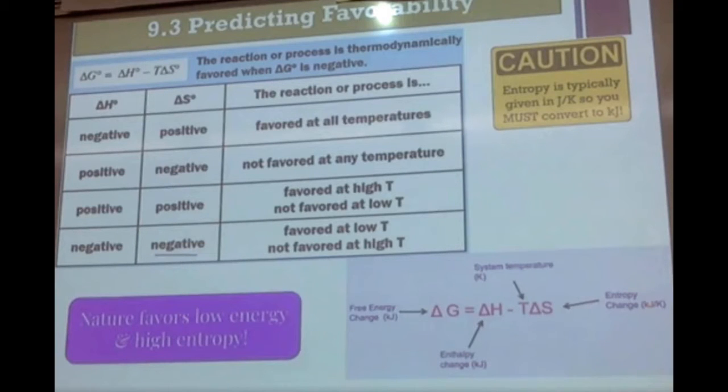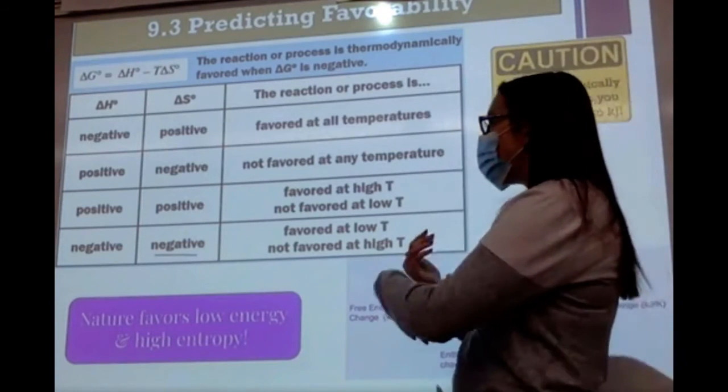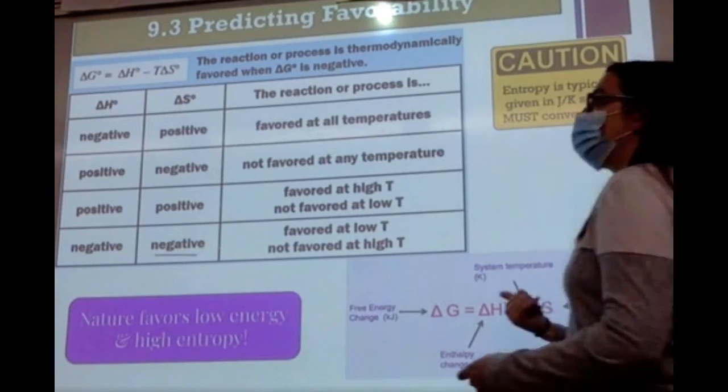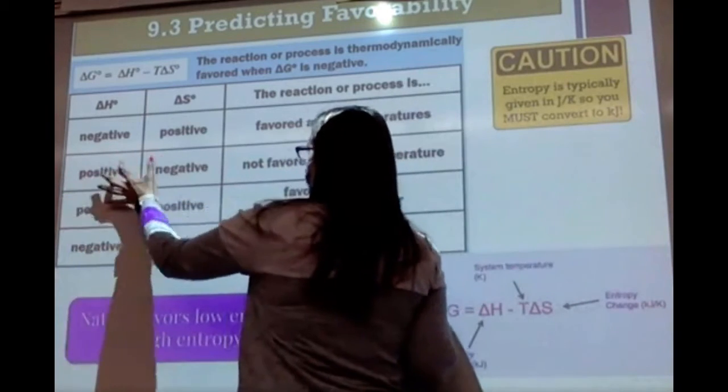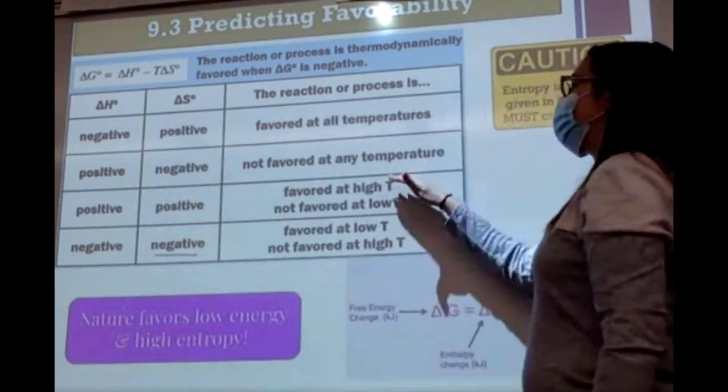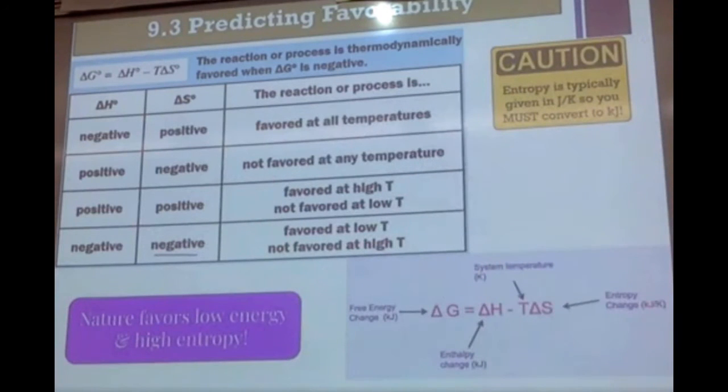Now, if we do the opposite of that, high energy and lots of order, a negative entropy, nature never wants that. That reaction would not be favored at any temperature.